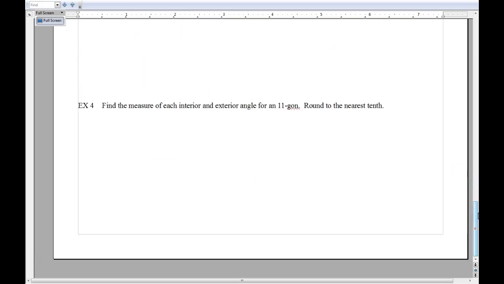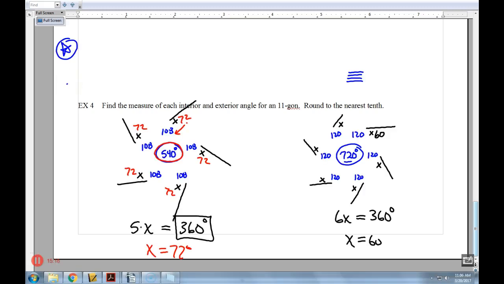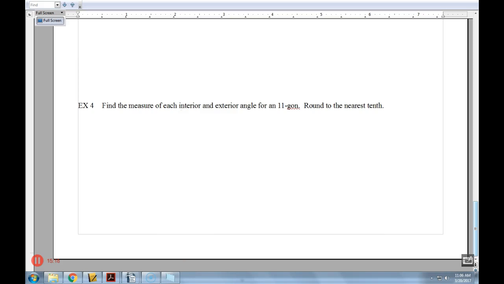And let's see if we can knock out this last one. Find the measure of each inside and outside angle for an 11-gon. All right, I don't even know how to draw an 11-gon. It's going to be weird, but it really doesn't matter, because what I know is I'm going to extend it out and call that X, and there's going to be 11 of these X's. So 11 times X is going to be 360.